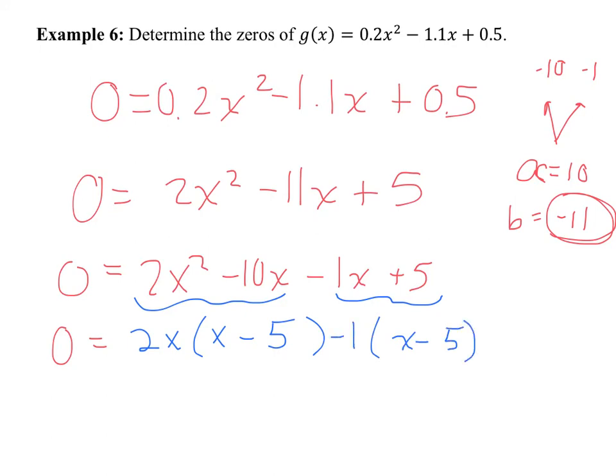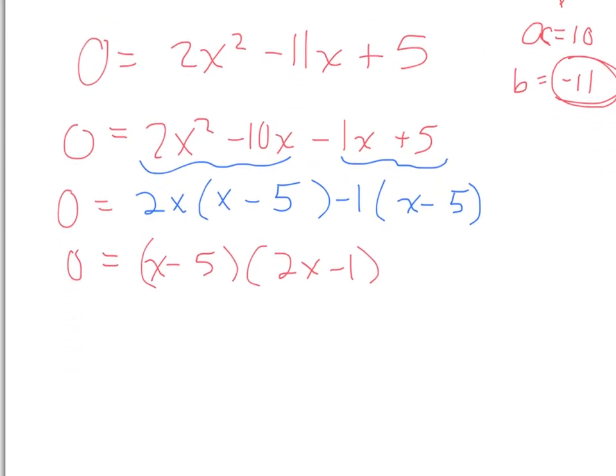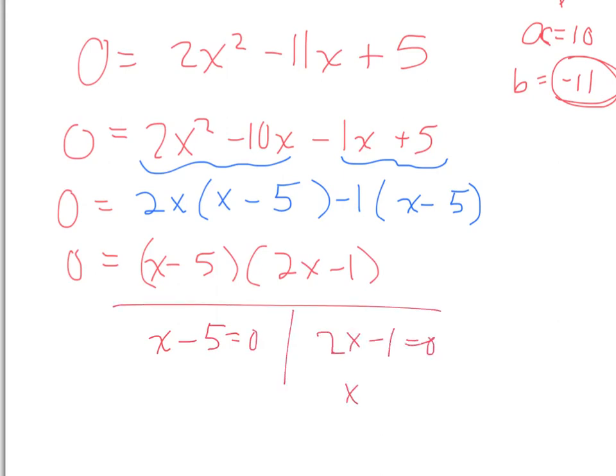So take out a negative 1, leaving behind x minus 5 and 2x minus 1. Solving this gives me x equals 1/2 and x equals 5. Okay, my two solutions for this one.